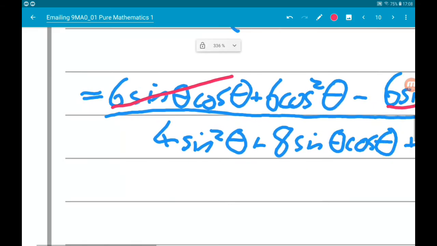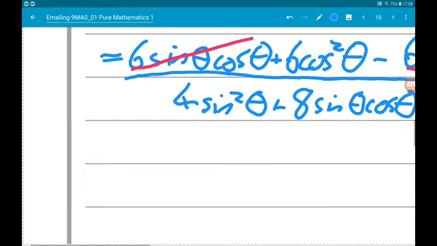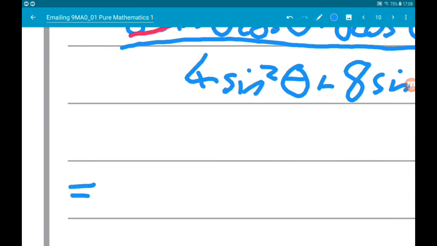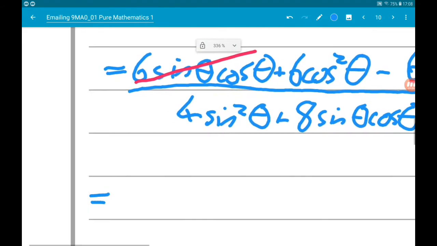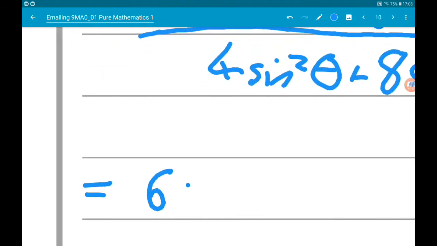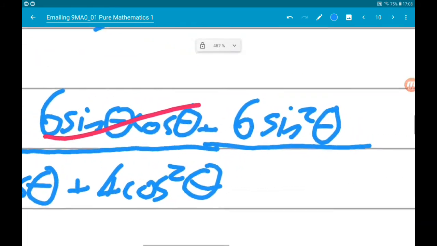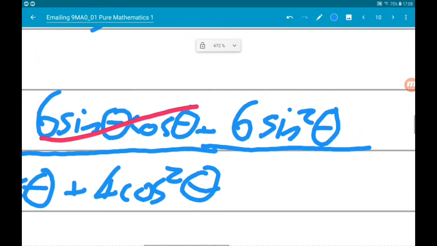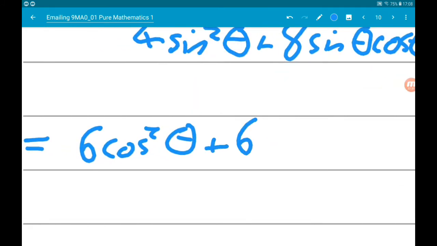Now up on top then we're going to be left with 6 cos squared and then add 6 sine squared, so that's what we got up on top.